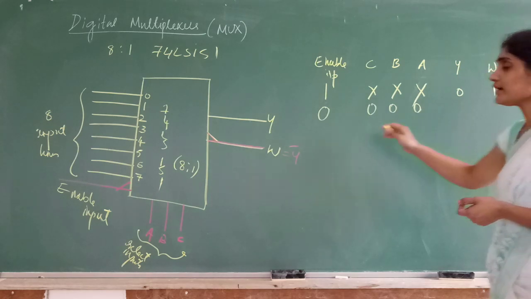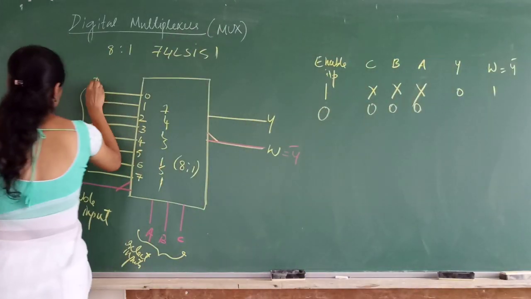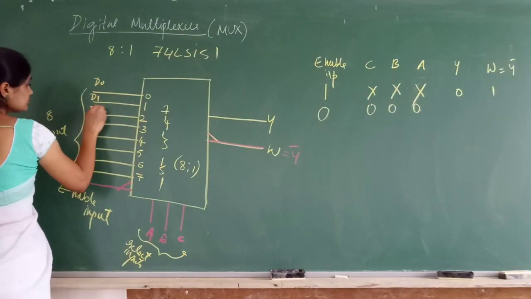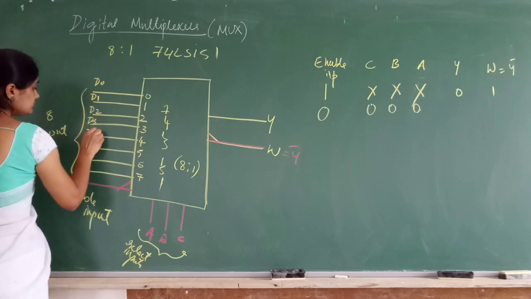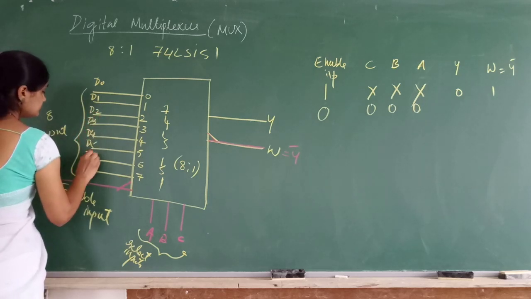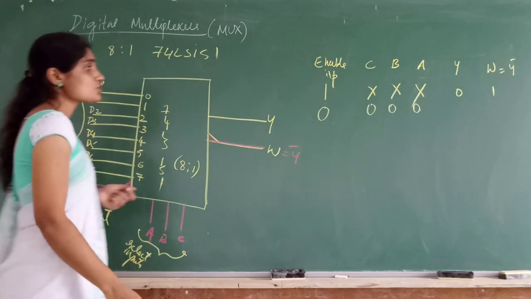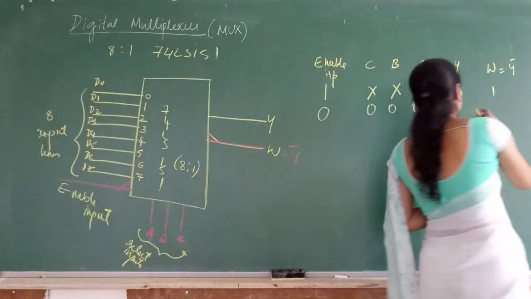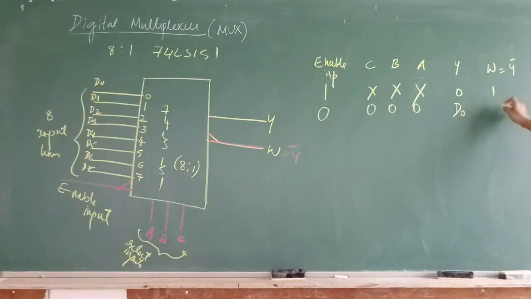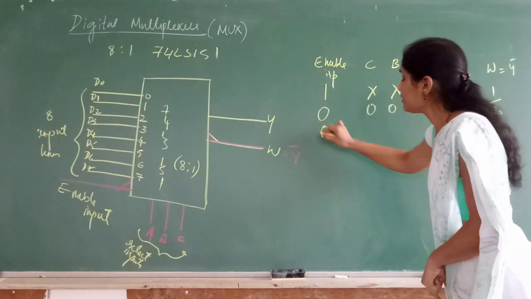What will be selected? Let me denote this as D0. If it is 0, 0, 0, what is your output? Y will be equal to D0. What is W? D0 bar. If D0 is 0, this will be 1. If D0 is 1, this will be 0. That's all. So enable input 0.